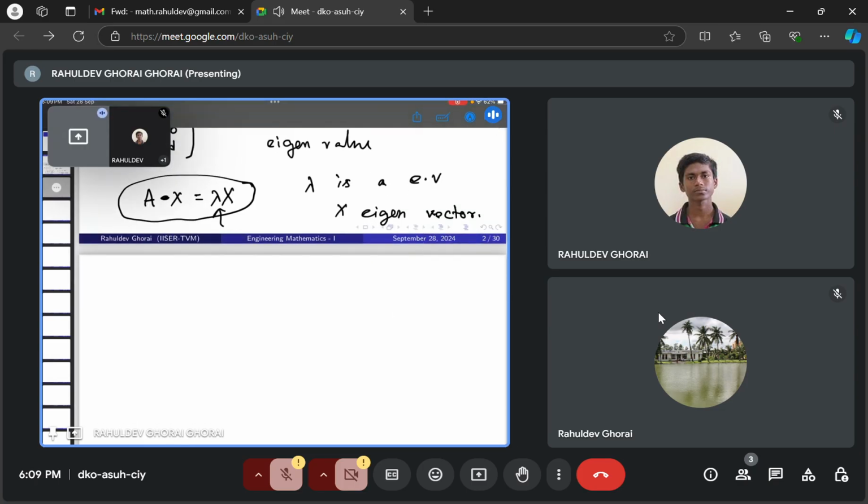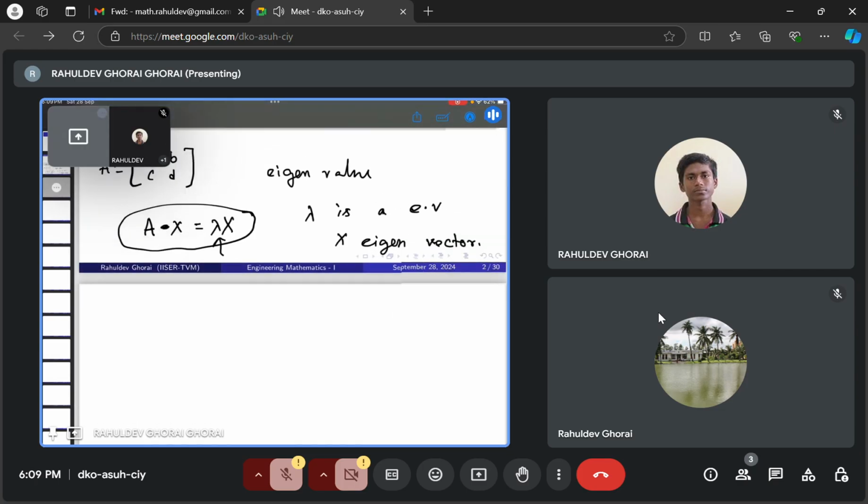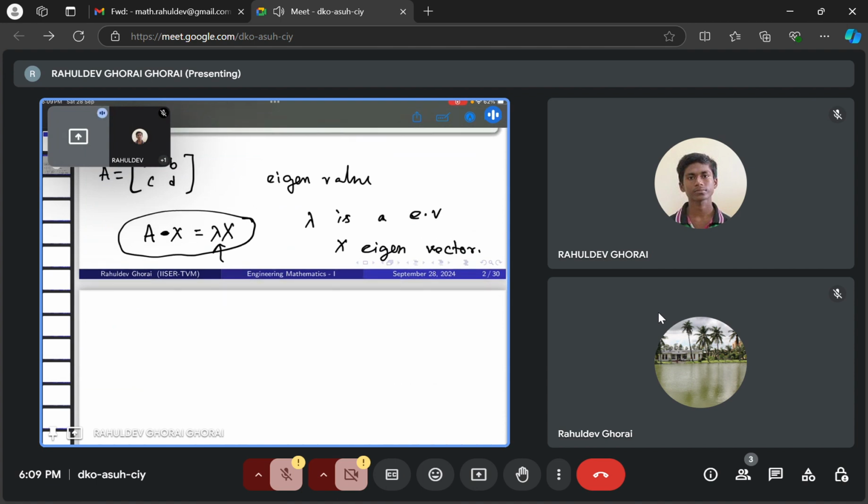This matrix can come from, let's see, a matrix like cos theta, minus sine theta, sine theta, cos theta. What is this matrix? This matrix is nothing but a rotation matrix.